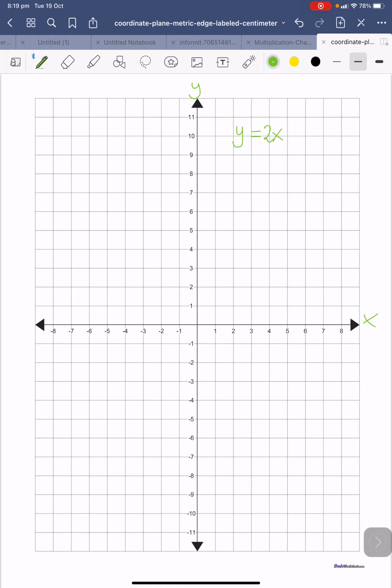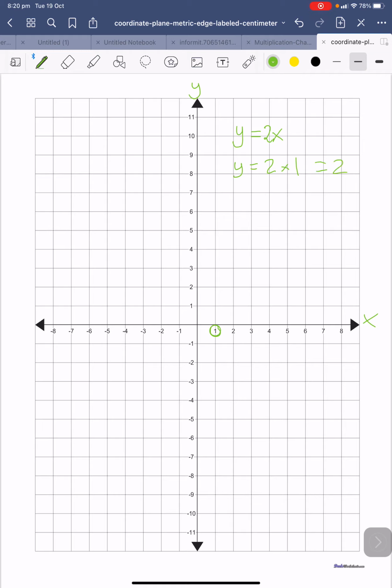Now, let's plug some numbers into this and see how it pans out. Let's put the number 1 in first for the x value. So when our x value is 1, we get y equals 2 times 1, which is equal to 2.